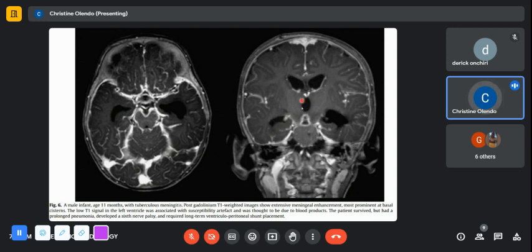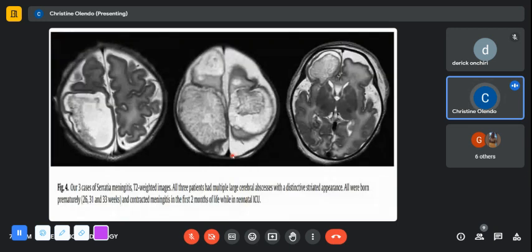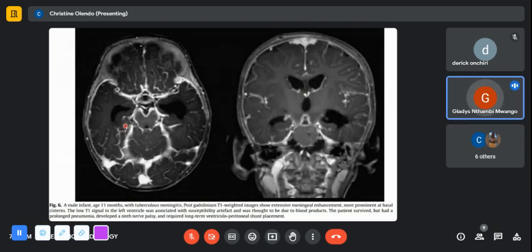We also forgot to mention there's dilation of the third ventricle as well. So here we have the lateral and the third, because you can see the inferior horns, and especially on the left side it's quite dilated.